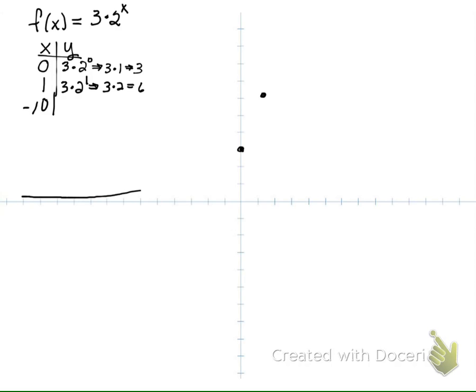But that's an asymptote. So you're going to graph it like this. It's going to go through those 2 points, and it's going to go up like crazy, right? There's your graph. It's a growth pattern. As x gets bigger, as x approaches infinity, the y value gets further and further away from the x-axis.